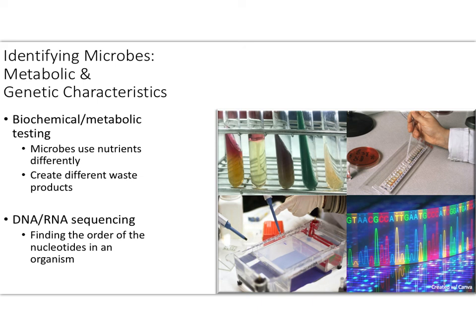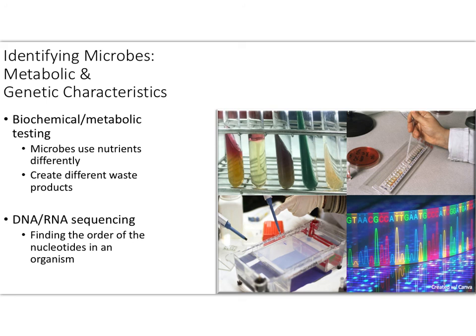And what we do with DNA and RNA sequencing is basically extract the nucleic acid that we want, whether that's DNA or RNA. We make a lot of copies of that nucleic acid, and then we analyze that nucleic acid to figure out the order of the A's, the G's, the C's, and the T's.